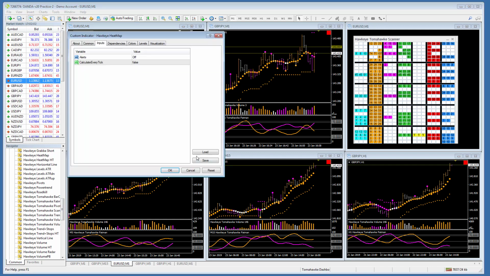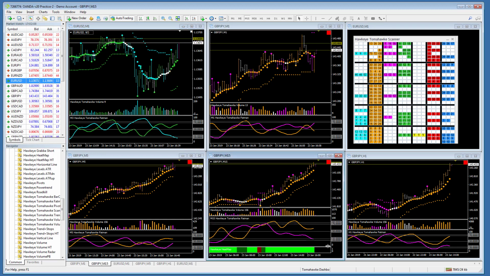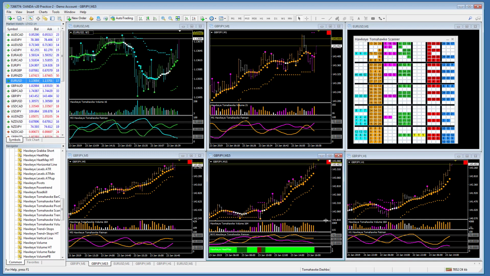Drag and drop it onto that chart. And there's my regular colored heat map loaded on top of my Tomahawk chart. Or any of the other Hawkeye indicators I could load in on top of that as well.